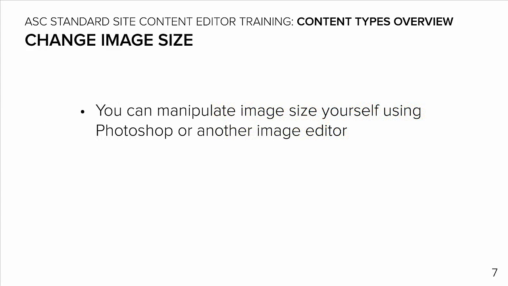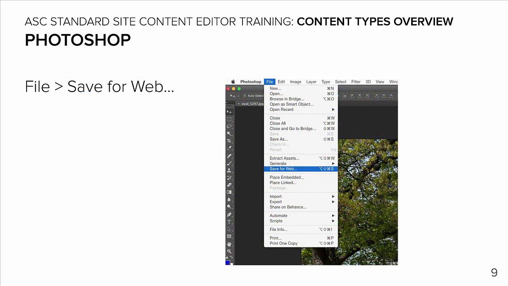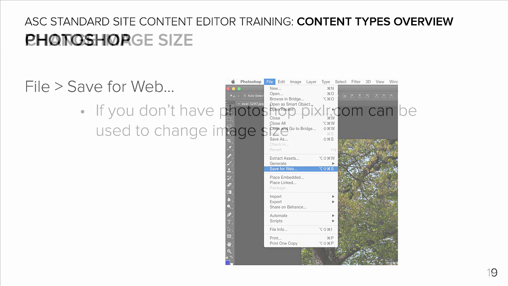If you choose to, you can manipulate image size yourself using Photoshop or another image editor. In Photoshop, in the image menu, there is an image size option that will let you see the size of your image. There is also an option under the File menu, Save for Web, that will allow further size reduction.